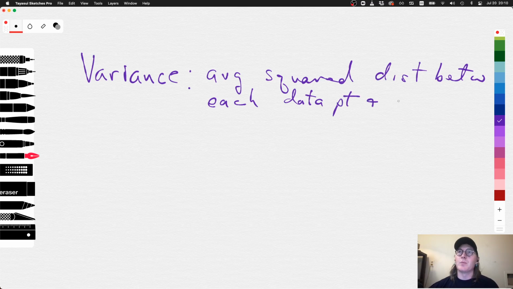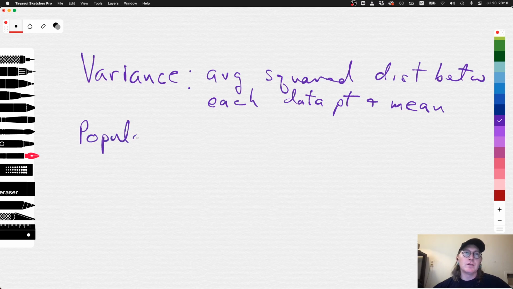And remember, we have a couple different symbols for the mean. And this is going to come back into play for variance. So we have the idea of a population, right? And we'll revisit this a little bit. We've got a population. We've got a sample.